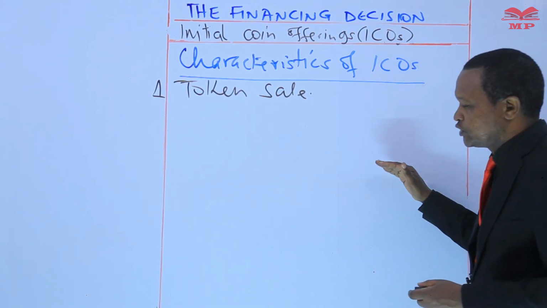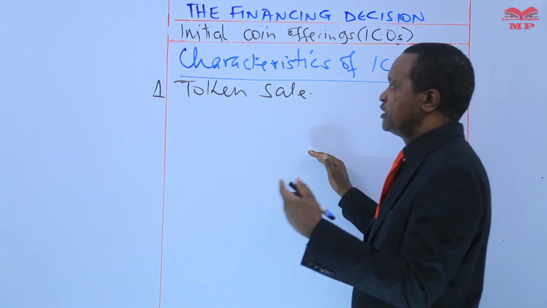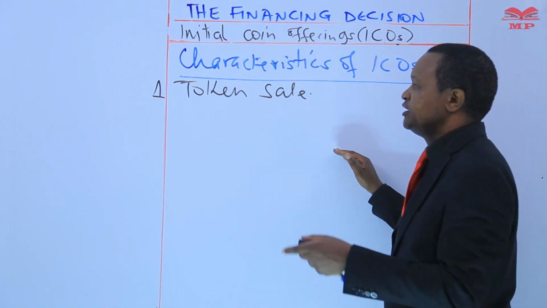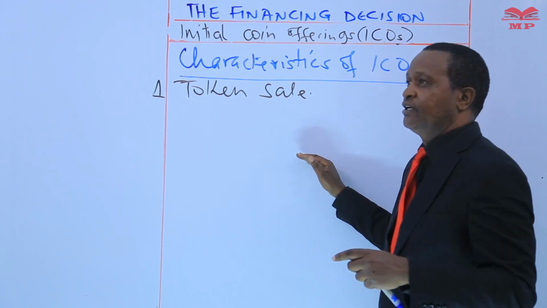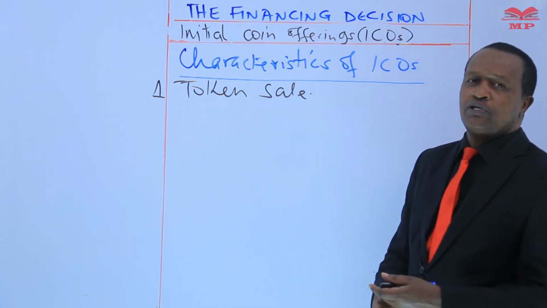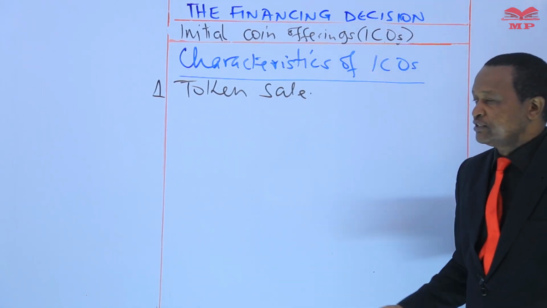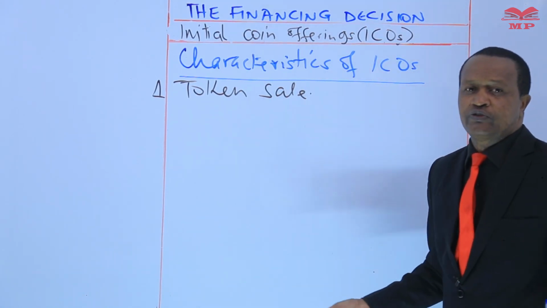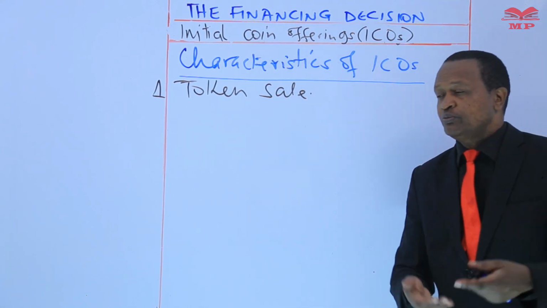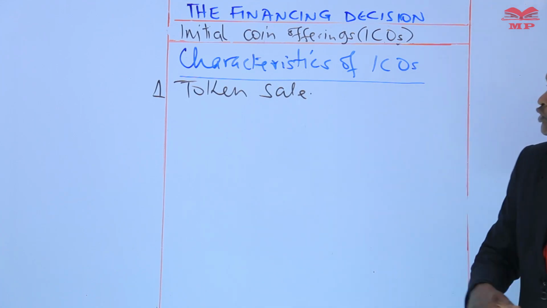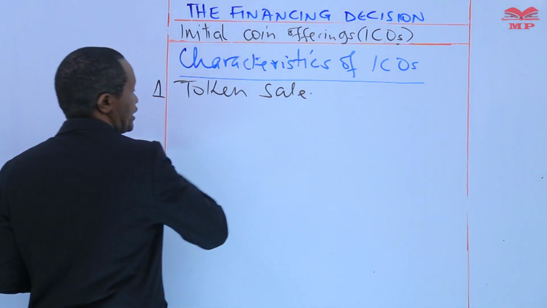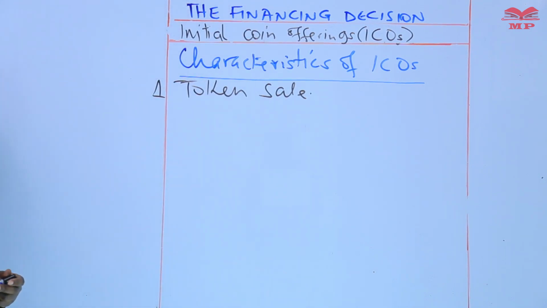So if a company wants to undertake a project, it may sell these tokens so that in future, after the success of the project, the holders of these tokens may participate in the success or in the ownership or the benefits that may accrue as a result of the success of the project. It could be services, could be products, and so on. So token sale is one feature of ICOs.